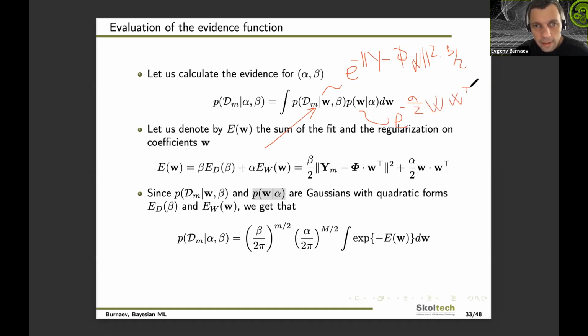So when I plug everything inside this integral, and take out of the integral the corresponding normalizing constants for this distribution and this distribution, I get inside the integral the exponent, so that here there is this quadratic form. Because the argument of this quadratic form is given by this, and the argument of the quadratic form of this distribution is given by this. So very simple.